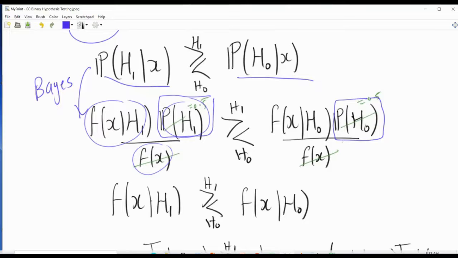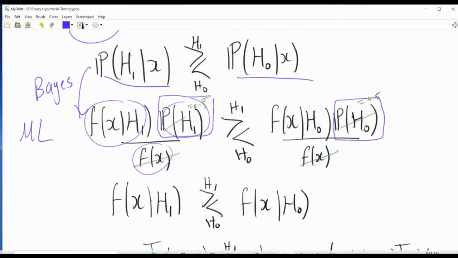If our hypotheses are equiprobable, then this is 0.5 and this is 0.5, and these two terms go away. The MAP rule in the case of equiprobable hypotheses becomes the ML rule, the maximum likelihood, because we just need to compare the likelihood functions.